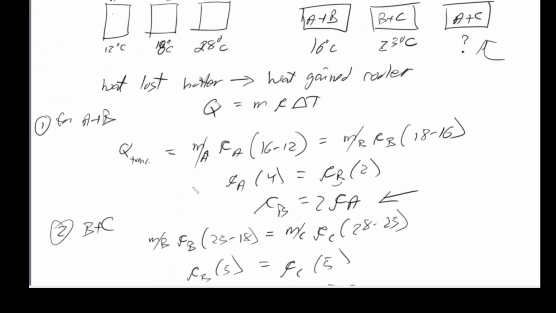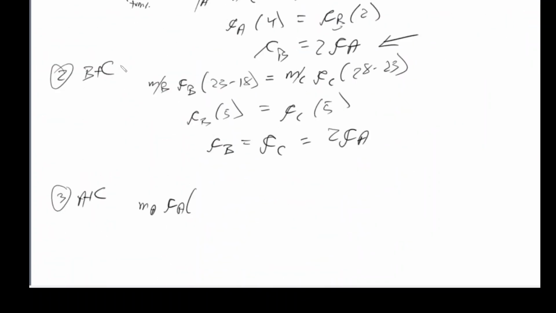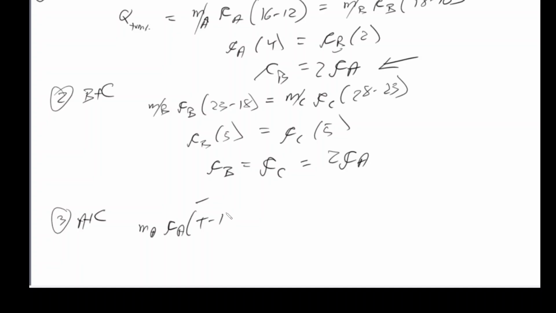Well, in this case, we're going to call the temperature that the system comes to T. Because C is warmer than A, we know that A is going to warm up. So this will become T minus 12, the initial temperature of A, and that has to equal the mass of C times the specific heat of C times the temperature. In this case, it will be 28 minus T.